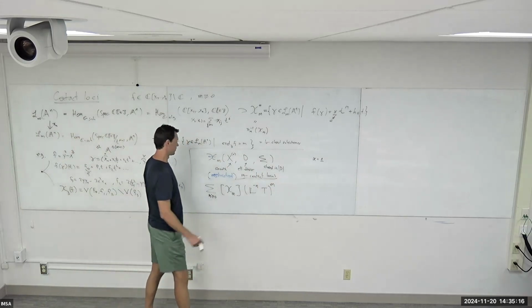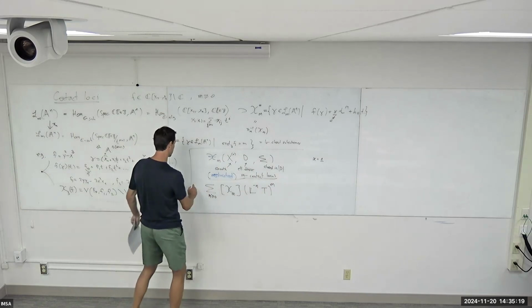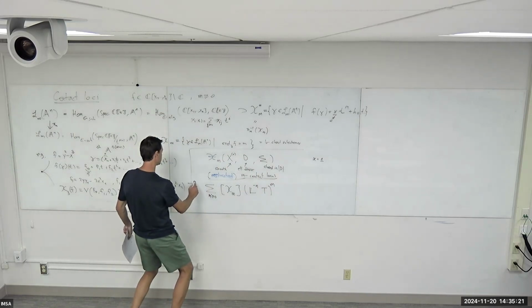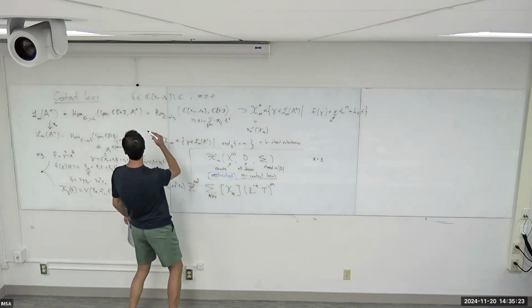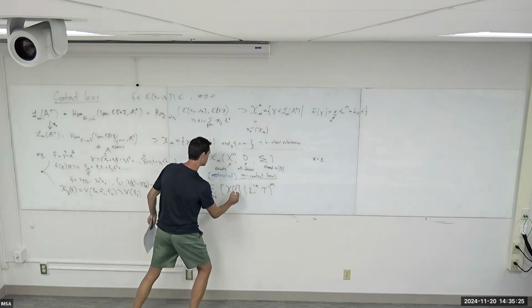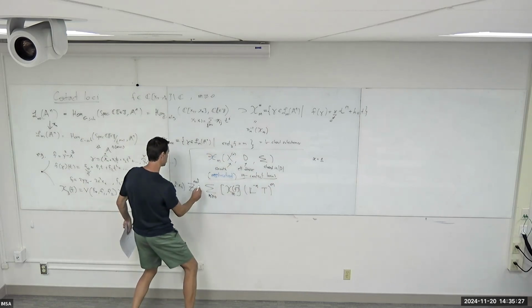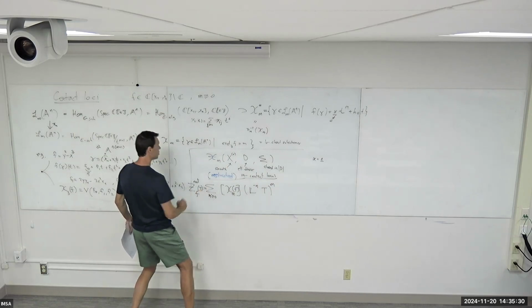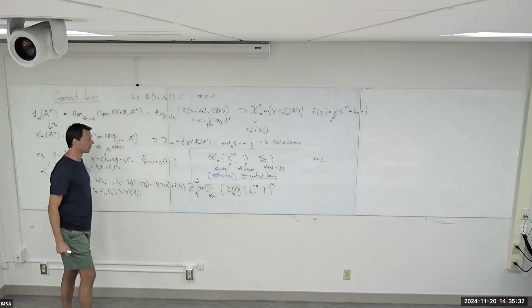This is the so-called motivic zeta function. Let's say we're in the polynomial case of f. In fact, this is the so-called naive motivic zeta function.